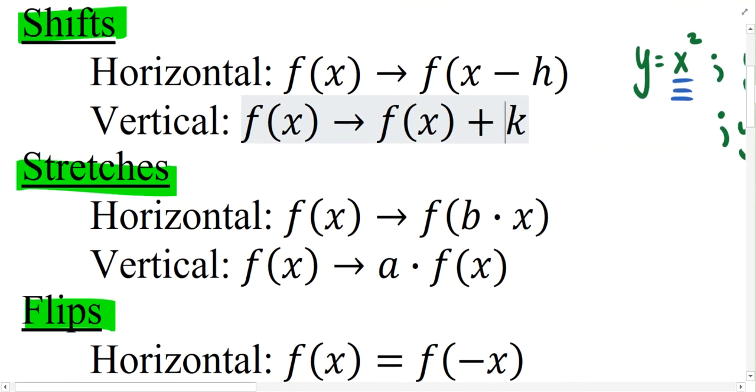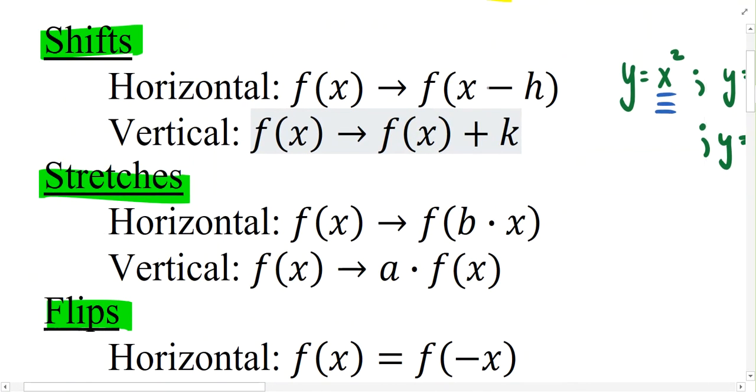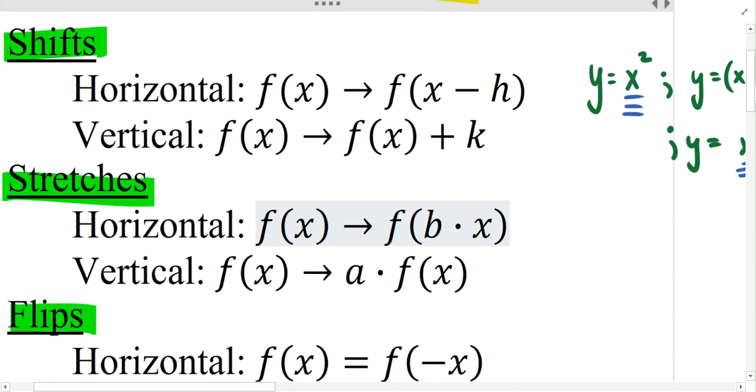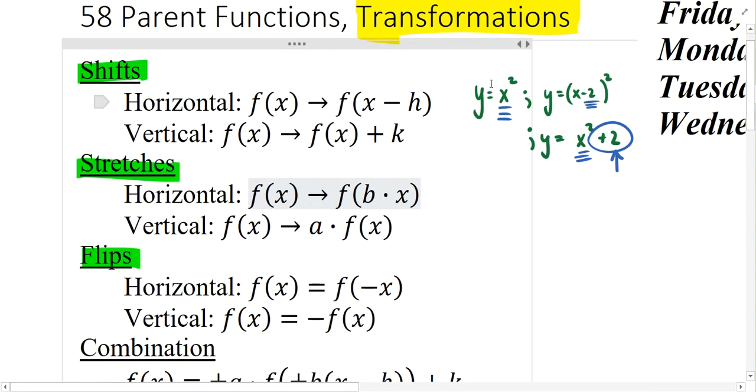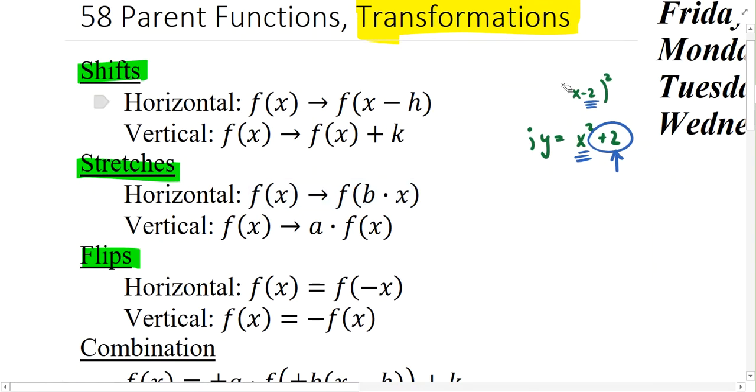Now you'll notice too that shifts occur when we add or subtract a constant to the function. A stretch will occur when we multiply a constant by a function. The horizontal stretch occurs when you multiply on the interior of the function's argument, and the vertical stretch will occur when you multiply on the exterior of the function's grouping symbol.